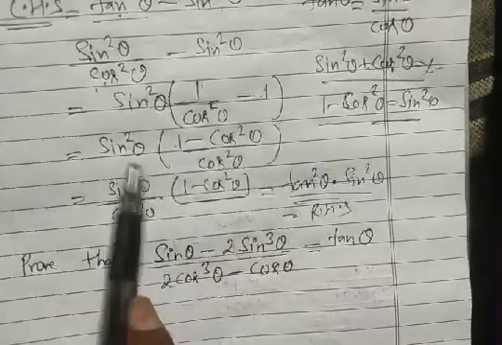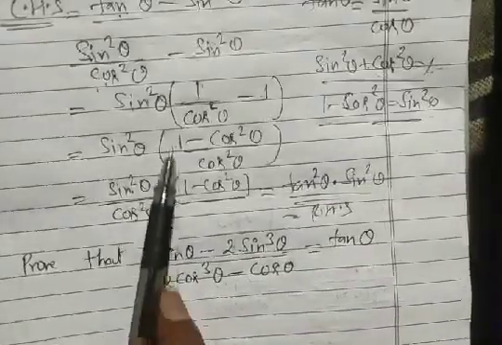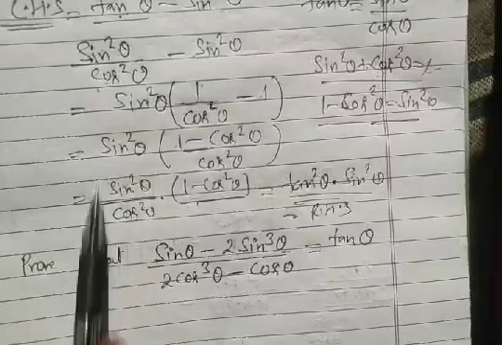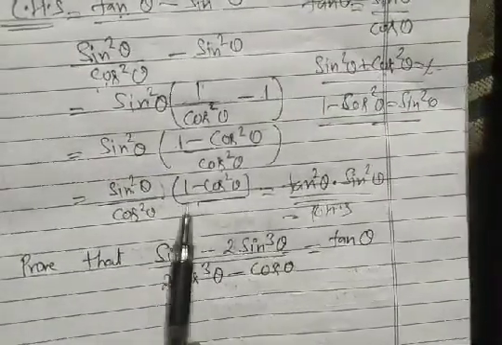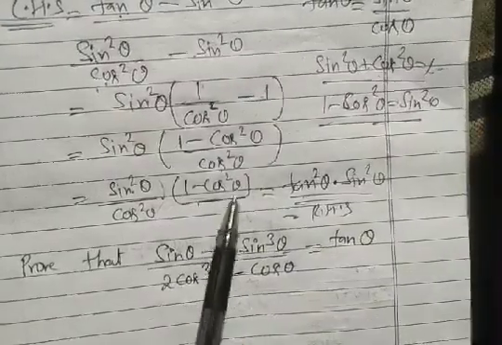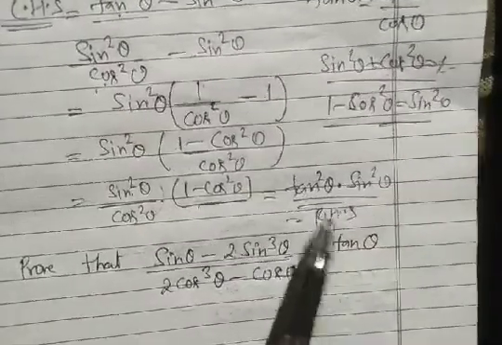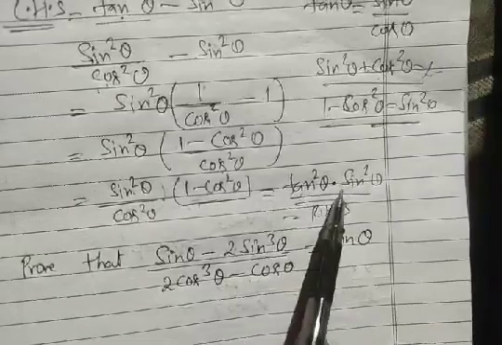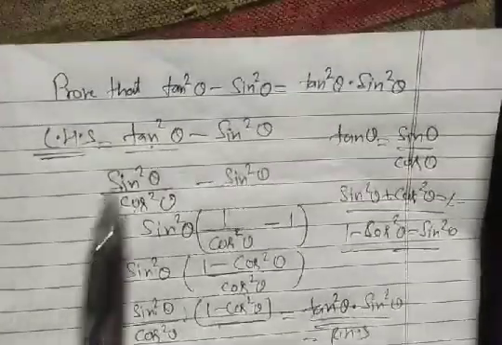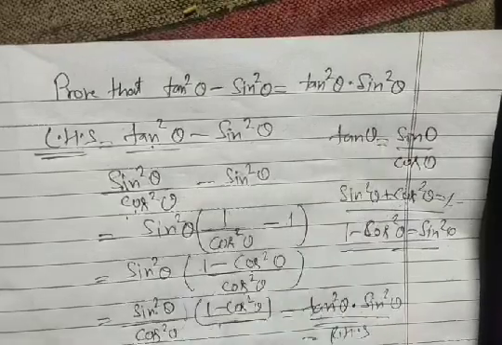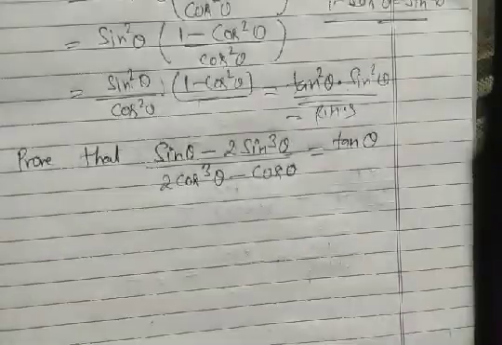After that we take sin square upon cos square, and write down in the bracket 1 minus cos square. The value of sin square upon cos square is tan square theta. And using the identity, we have 1 minus cos square equal to sin square. Then we get our right hand side. What we had to prove is that tan square theta minus sin square theta is equal to tan square theta into sin square theta.